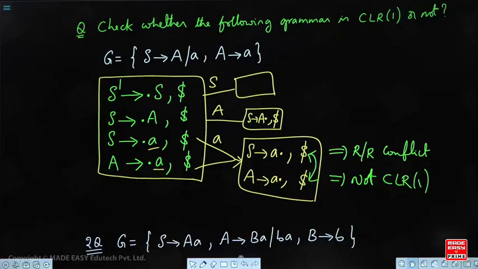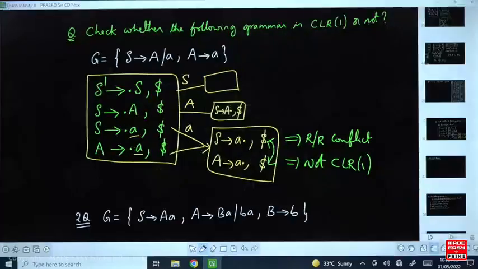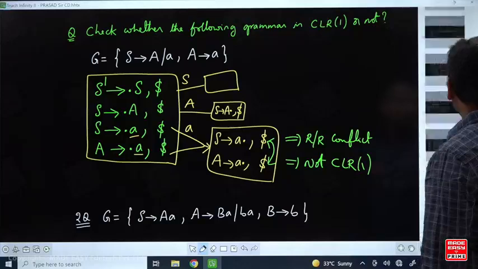Arivom Meena, not CLR of 1, you mistakenly wrote not LR of 1. Boss, hello boss, CLR of 1 or LR of 1, both are the same, boss. How? Have you not attended the classification of these grammars?